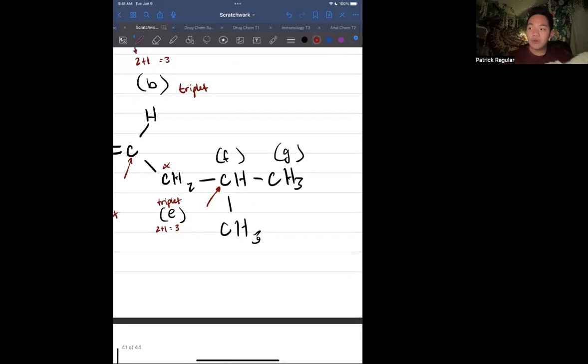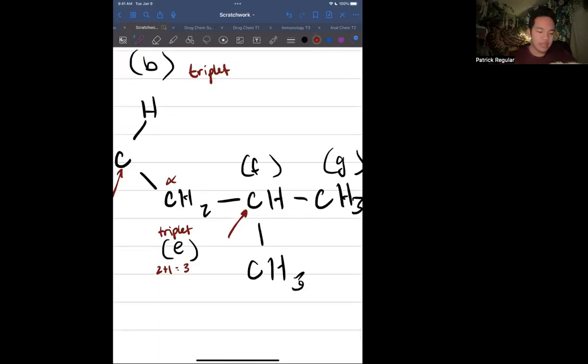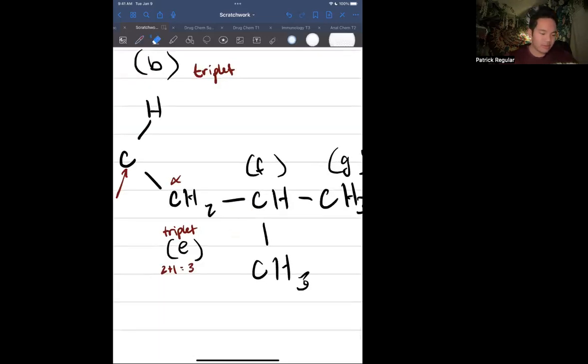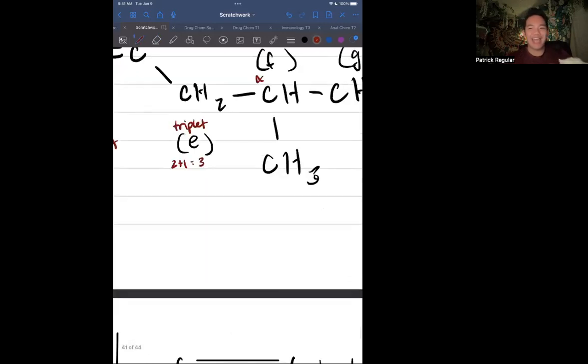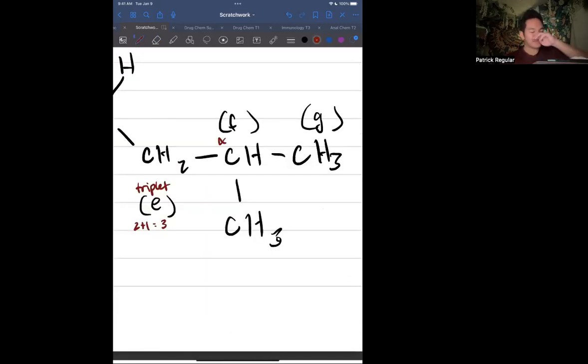Okay, so F and G, let's go and do F. Let's label this our alpha carbon, with the one hydrogen. How many peaks will it show up as? How many hydrogens do the adjacent carbons have? Let's identify our adjacent carbons.